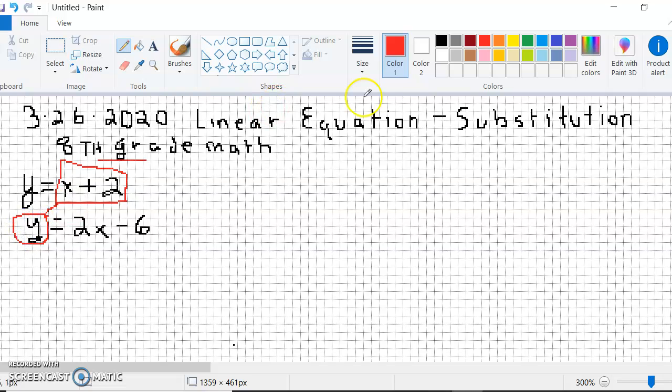Okay, so let's go back up here. So now my new equation will be x plus 2 is equal to 2x minus 6. And of course, we know how to do this.